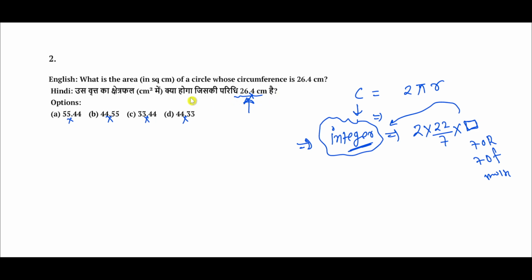You can see the circumference in integer value is 264. Check here: the radius comes out in decimal, not exactly in the form of 7 or a multiple of 7 in integer form.